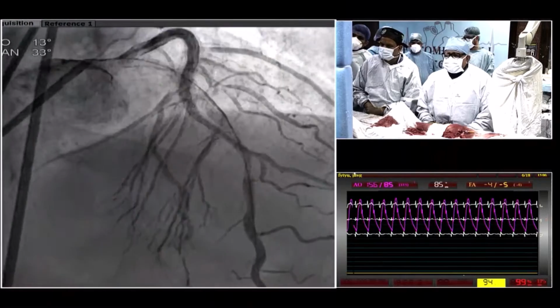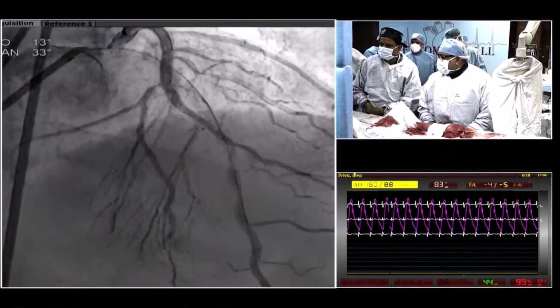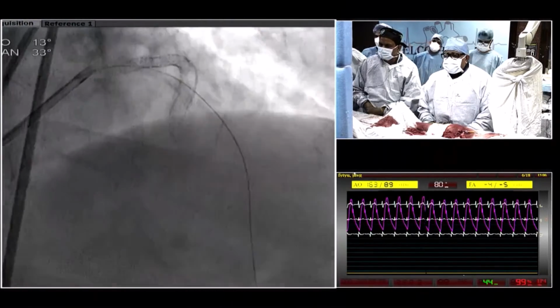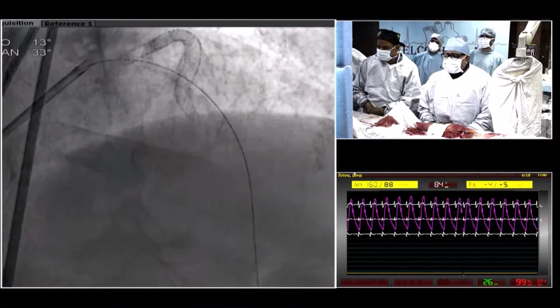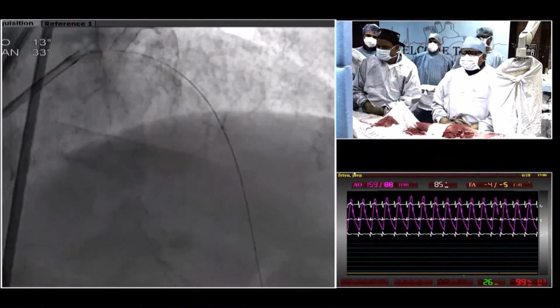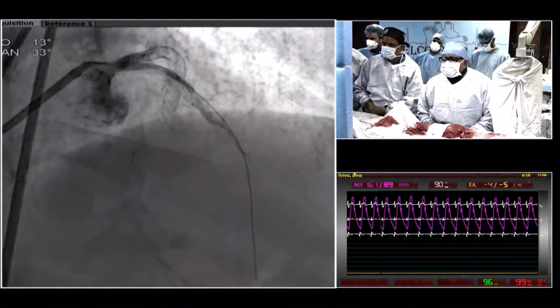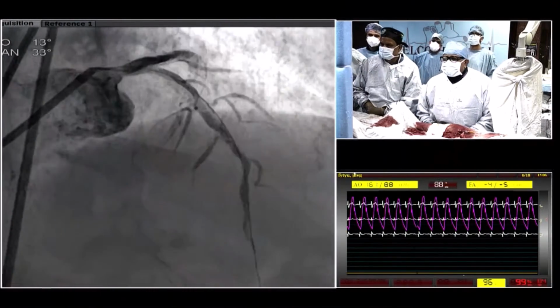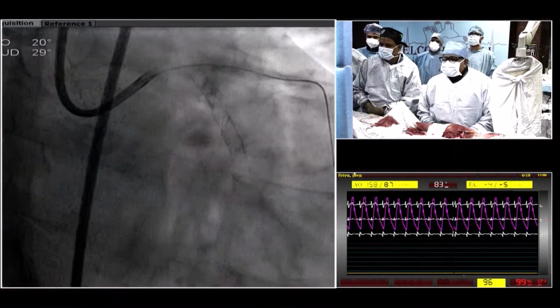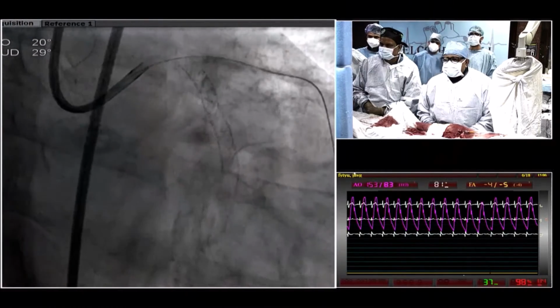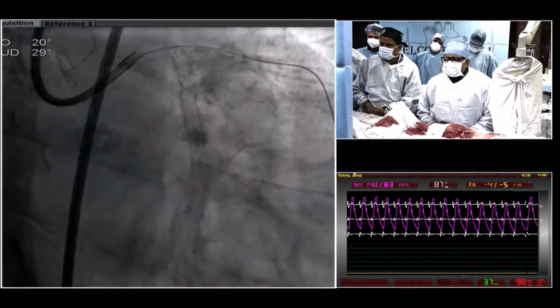Do you have a 3.5 cutting balloon with you? We do have up to maximum 3. We have already used 2.75 at this point of time. Okay, go ahead. Okay, next. Next. So this is what? Next.